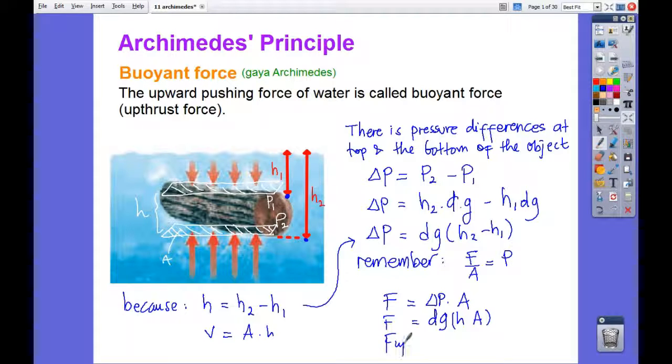So we get the upthrust force formula: density of liquid times gravity times volume immersed. This is the first formula that we have to know.